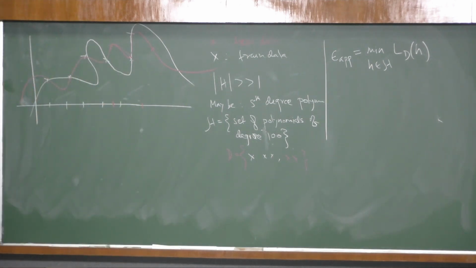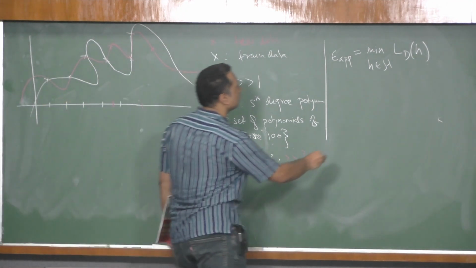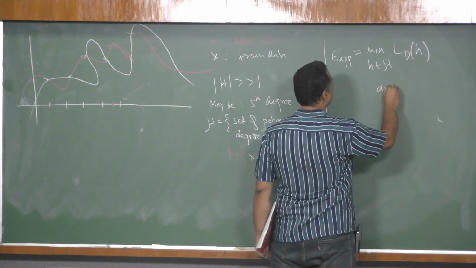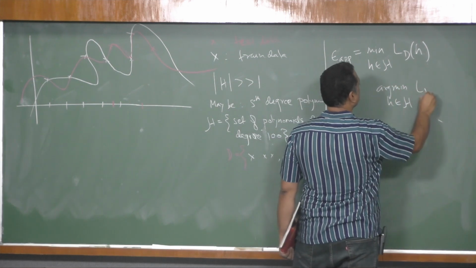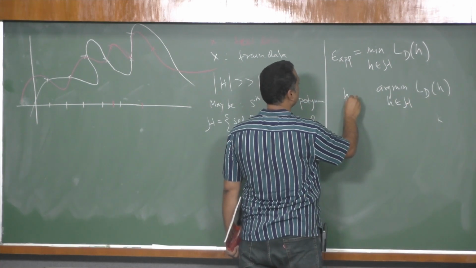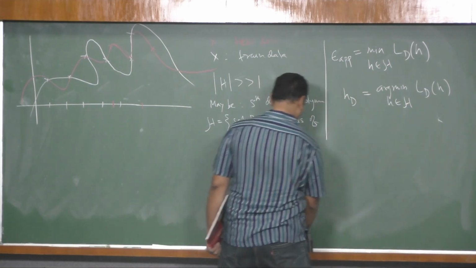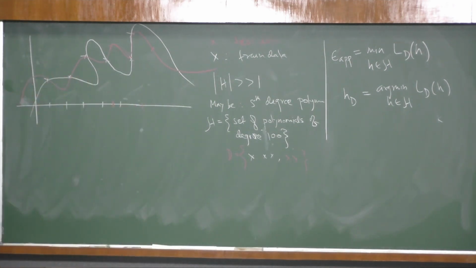So if I do an argmin of this, then I can extract the optimal one. Let me call this h_D, the hypothesis that is optimal on the whole distribution.